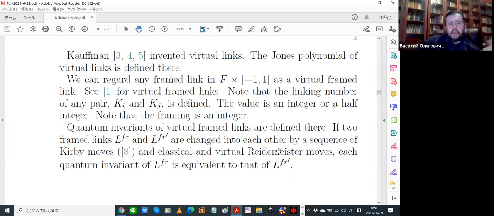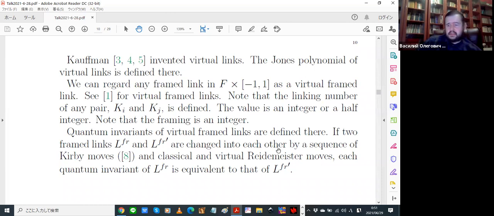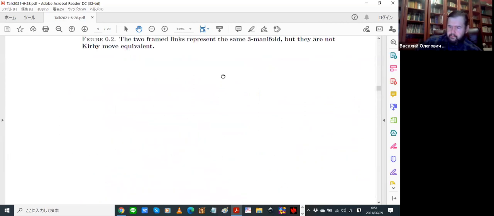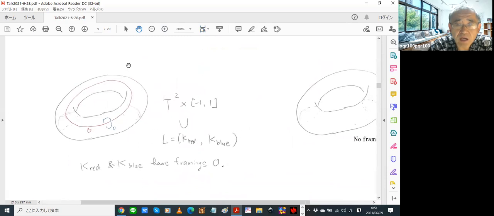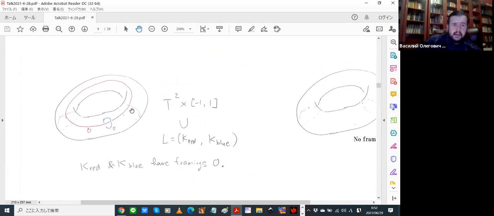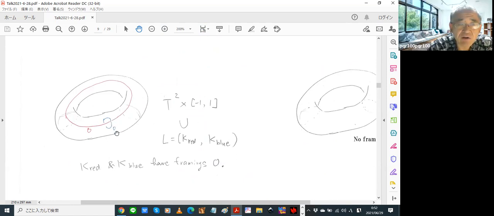So how do we see that the condition S is not satisfied? Roughly speaking, if they are Kirby move equivalent, both represent the same four-manifold.